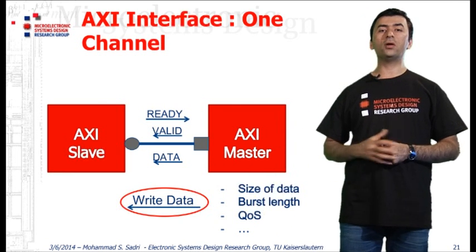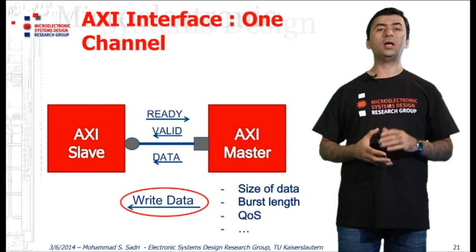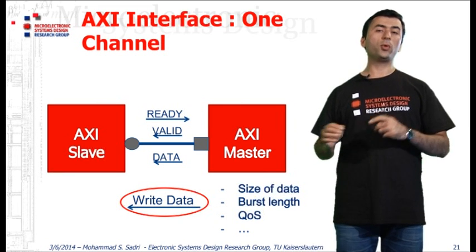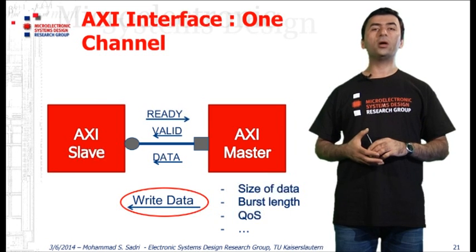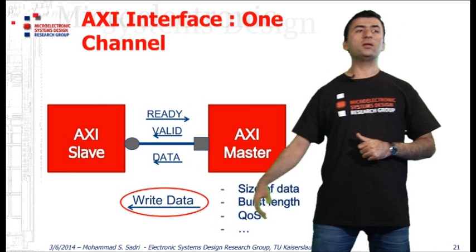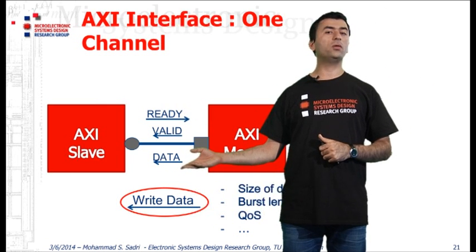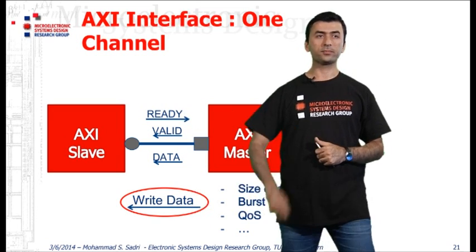There are also a set of custom signals that the user can drive on their own. In fact, the hardware designer can decide what to transfer on this set of signals. But the three signals that I'm showing you here are the main signals building each of the channels.